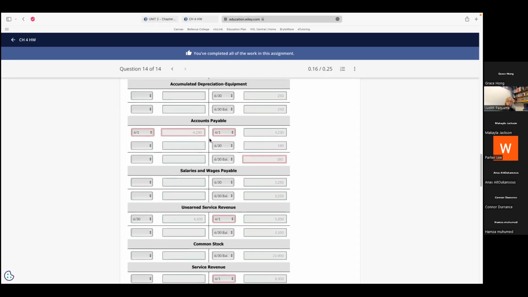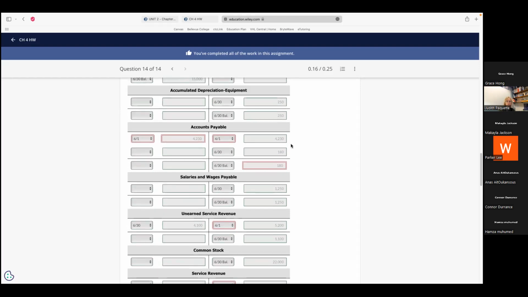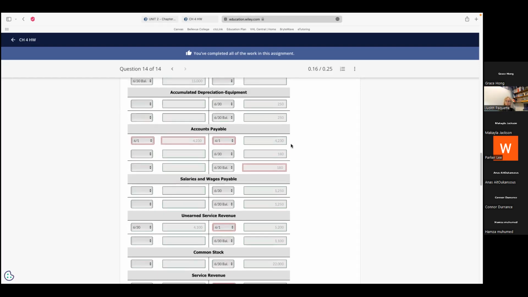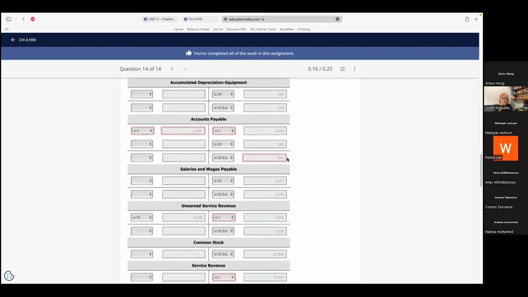You've got a debit for 4230 and you've got a credit for 4230. It looks like you put them in on both sides. Okay. And then if you just put it on one side, you would get an ending balance of 4410. So just on the credit side. Correct. Should only be on the credit side.